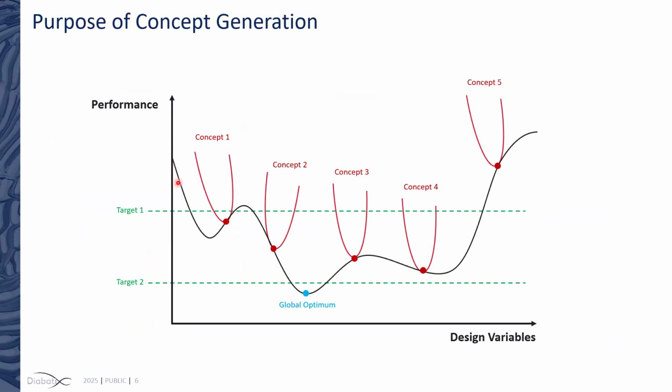For example, Coldstream evaluates, let's say, 10 different concepts, and the concept generation is still in progress. The user may be able to see 10 different points representing how the performance curve looks with different design variables. So seeing in real time how the performance curve looks is something Coldstream can already do.